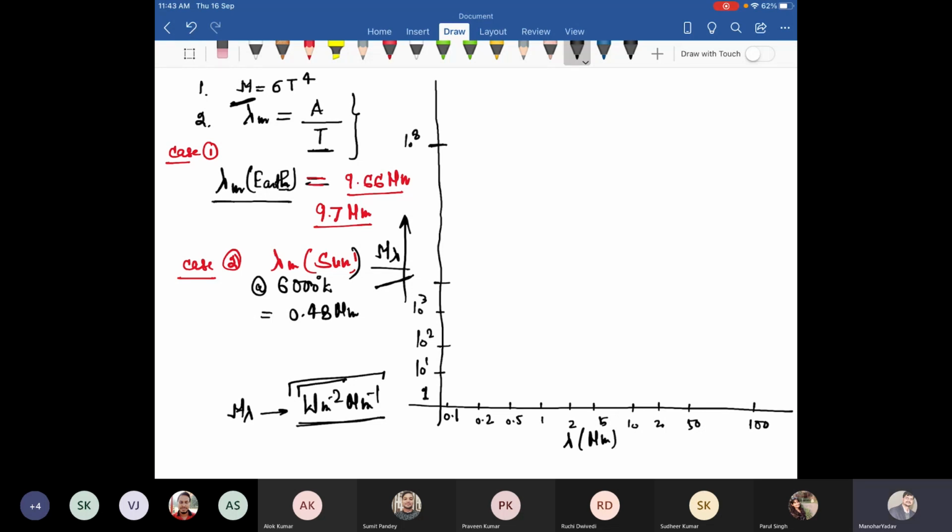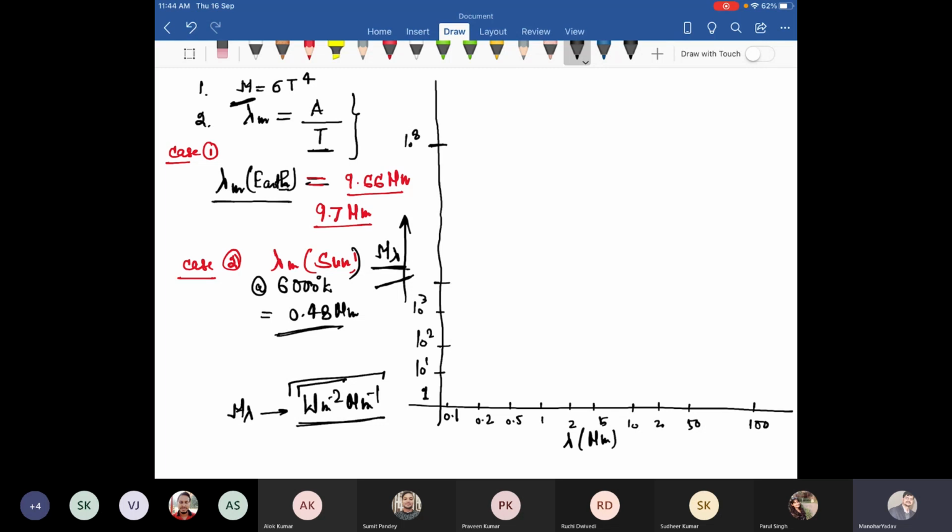Now we will plot the curve for Sun as well as Earth. Using Wien's displacement law, we have already calculated the wavelength at which the energy is maximum. It means at which wavelength M lambda is maximum. In case of Sun, we have already calculated it as 0.48 micrometer.